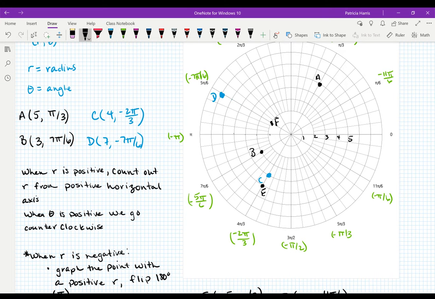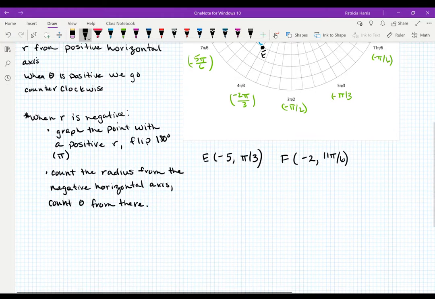Now, if you start from the left, you go 2, and then 11 pi over 6 in the counterclockwise direction is actually all the way around this way, and you wind up at the same spot. Most students find if you flip, that's a little easier for them. Now, what about the worst case scenario? What if they're both negative? Let's try both negative.